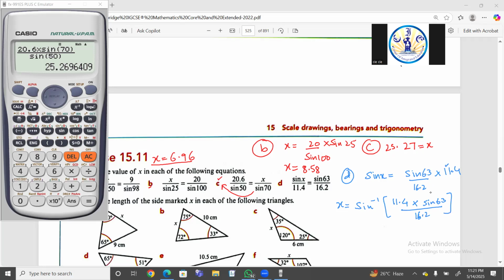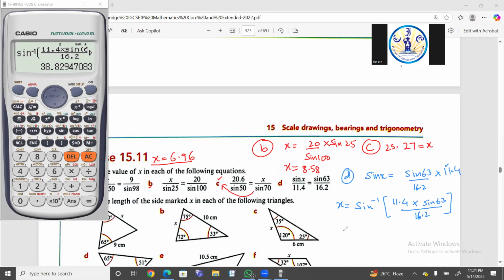So shift sine, then this is the fraction, 11.4 times sine 63 divided by 16.2, and then I need to use this bracket because this is what is required to calculate the sine inverse of the whole thing.